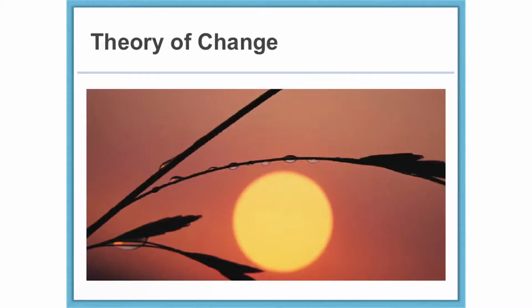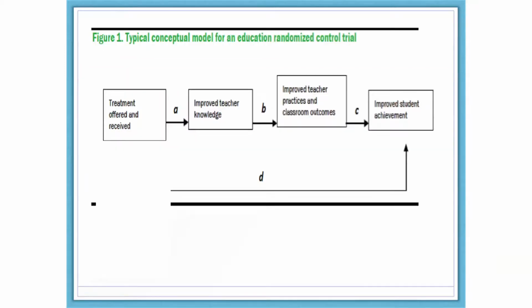Now, we have to put these into our theory of change, these three forms of analysis. And the theory of change, you can choose any theory of change. This is one from the JPAM paper by Brock, Weiss, and Bloom from 2015. We have a treatment which is somehow, whatever it is, somehow going to improve teacher knowledge.